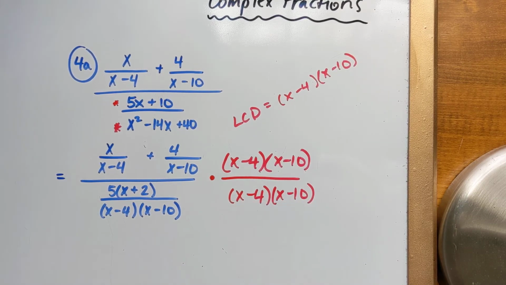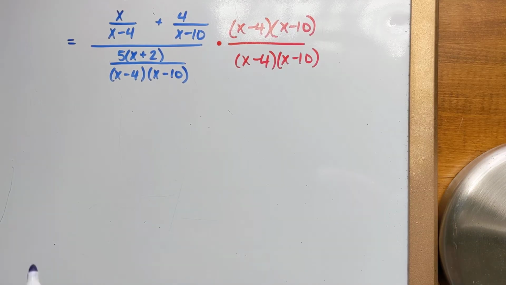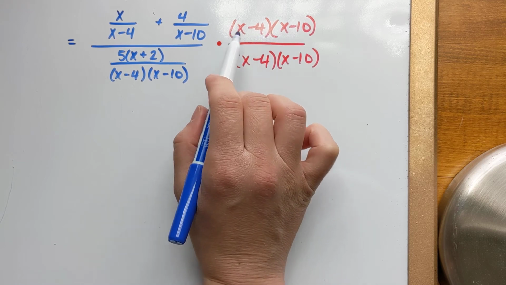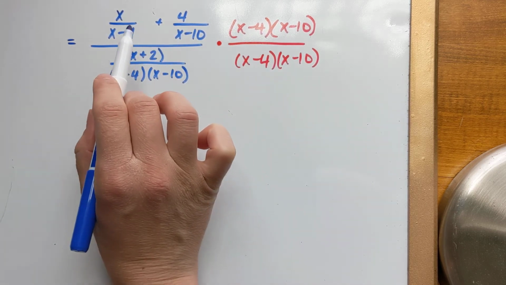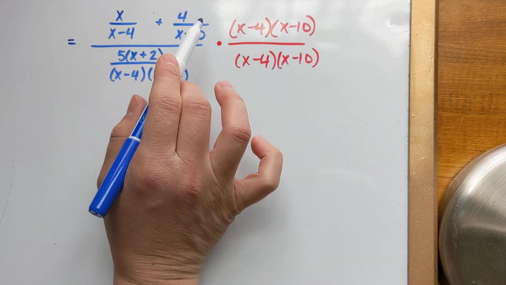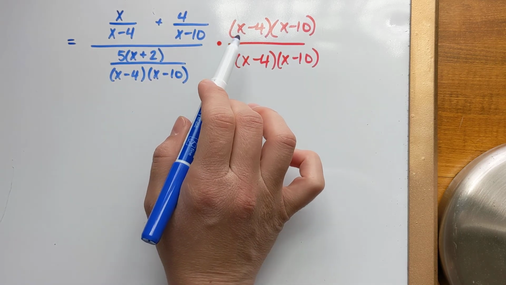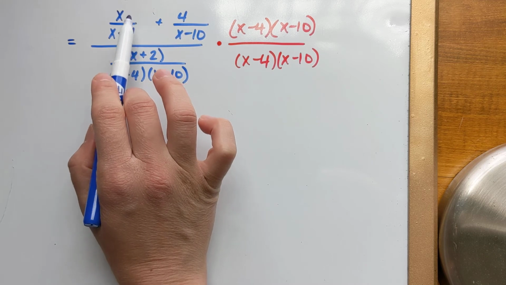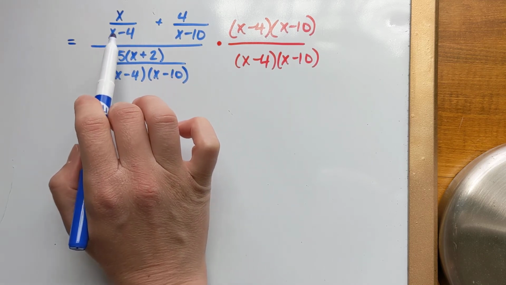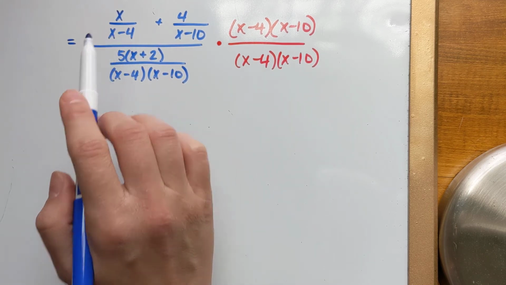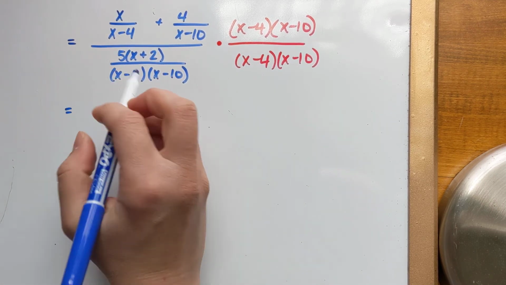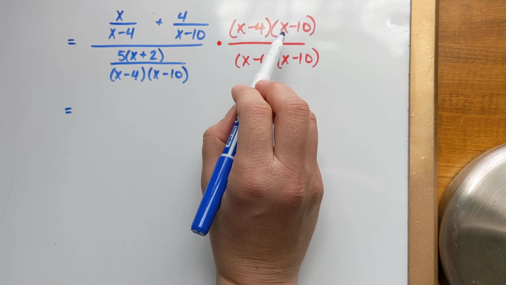So when I go to multiply these through, recall, these should be multiplied just in the numerators of these fractions. But also notice when I do that, if I have like an x minus 4 in the top of this fraction, it should cancel with that x minus 4, which is in the bottom of that tiny fraction. So that's going to leave me with x times x minus 10.